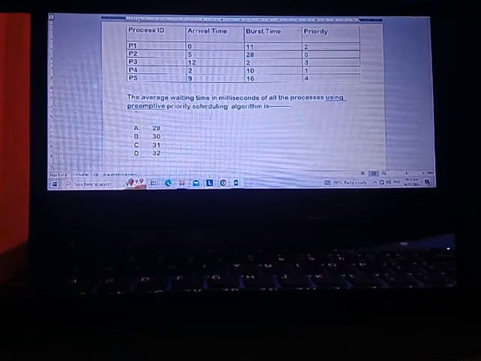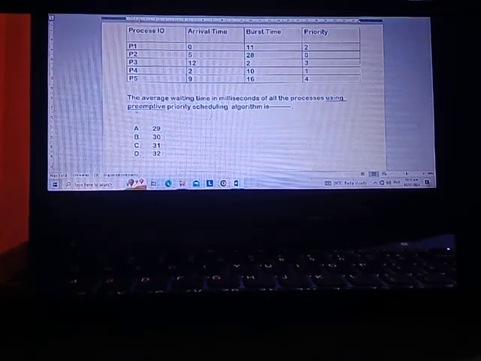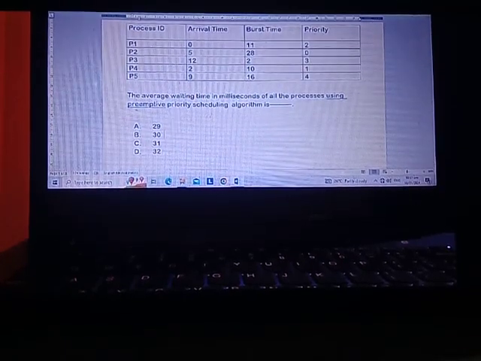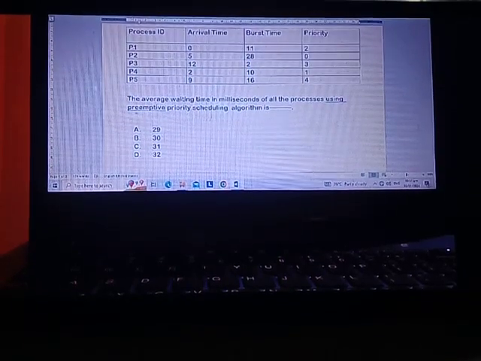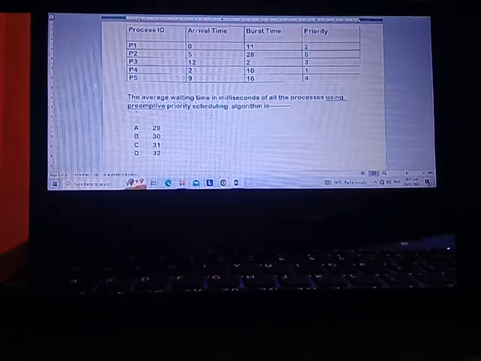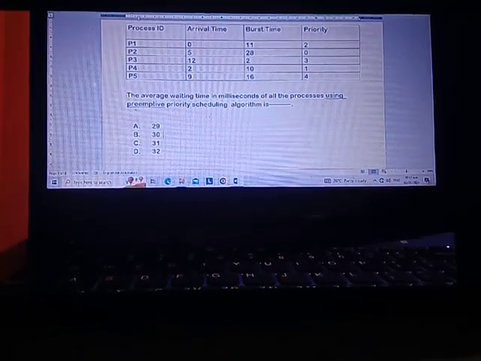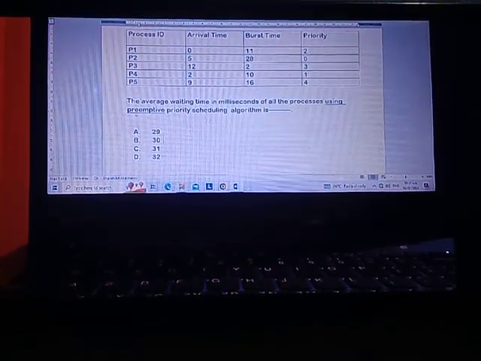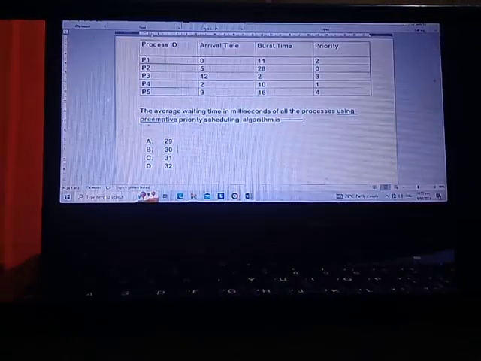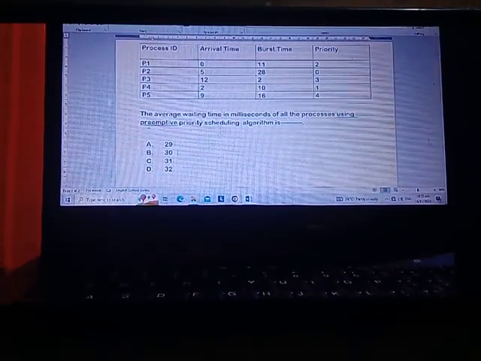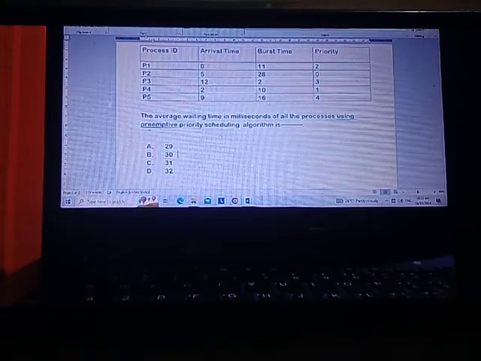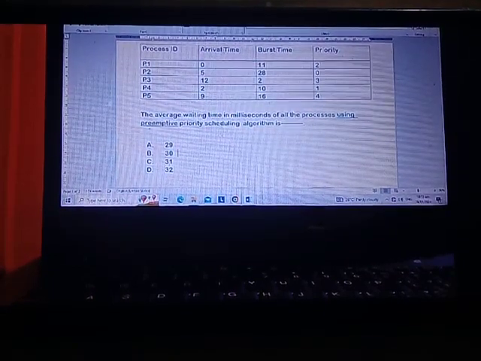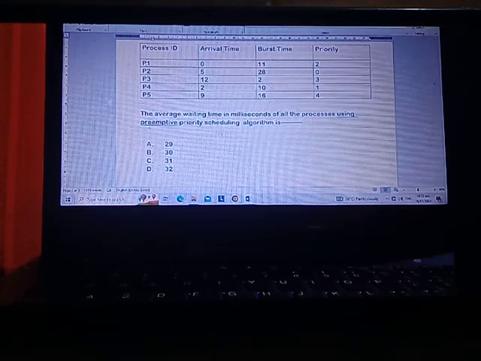So this is how we form the Gantt chart for a set of processes that follow preemptive priority scheduling. So we saw that whenever a process of higher priority arrives, if the executing process is of lower priority than the one that has arrived, then the process having the higher priority is given the CPU, and the process that was executing currently is preempted.